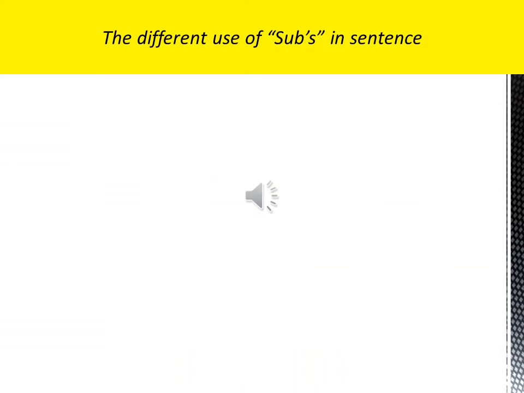Students, sometimes we may get confused when there is use of apostrophe s with the subject. For example, apostrophe s plus V-ing, it means is. If this is given in active voice, then we should understand apostrophe s means is.